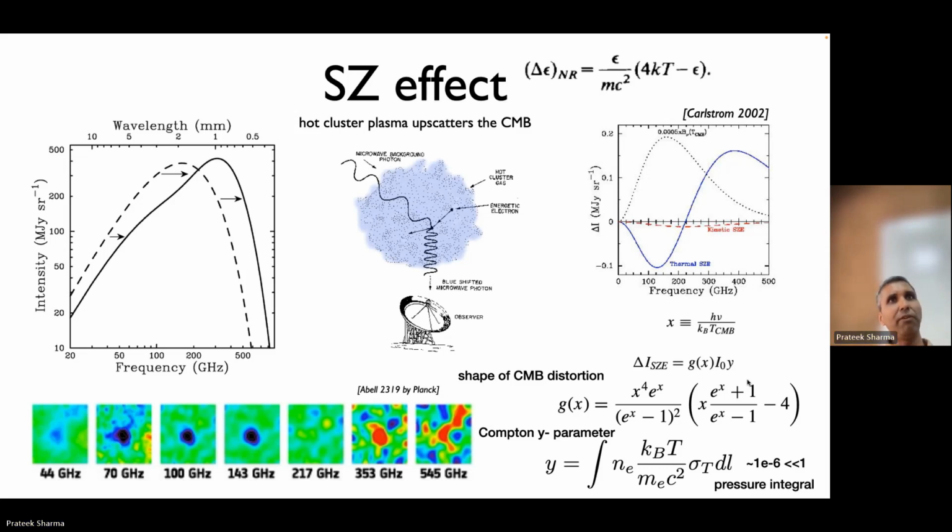So before and after the collision, the energy of the photon is more or less the same, right? But when h nu becomes comparable to mc squared, the photon loses its energy, and that's called Compton scattering. Okay. Now, in this classic Compton scattering, we take the electron at rest.